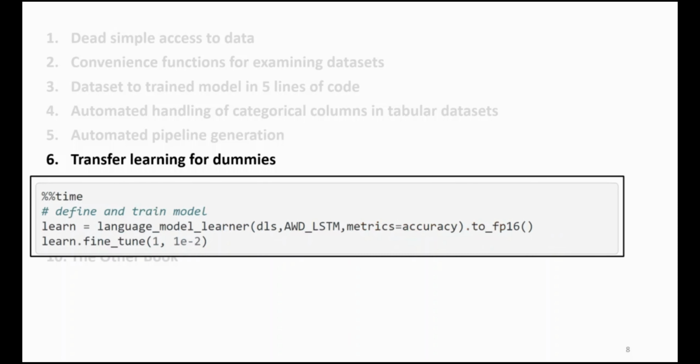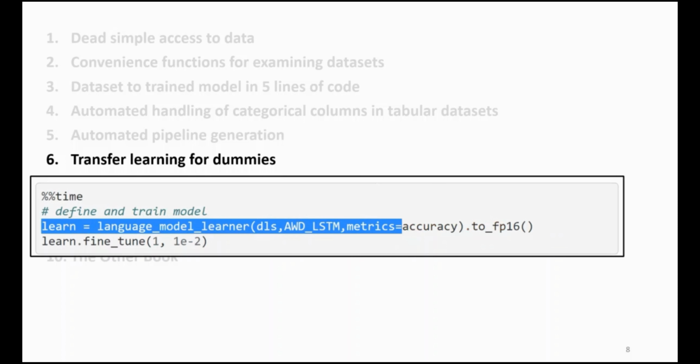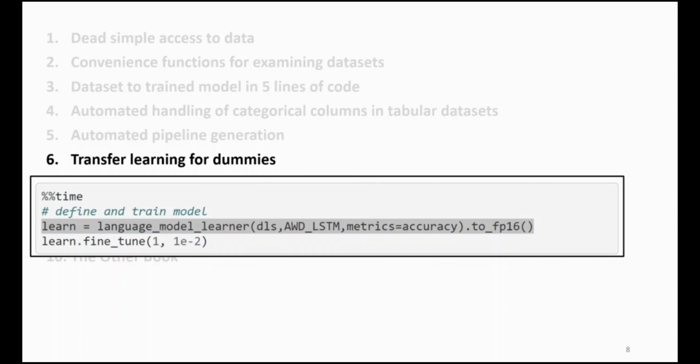Then, you define a learner object that uses the data loaders object as an argument, along with the AWD LSTM model. Applying fine-tune to the learner object trains a model that takes advantage of the general capability of the large language model while also being able to handle examples from the specific use case. The best of both worlds with just a handful of lines of code.